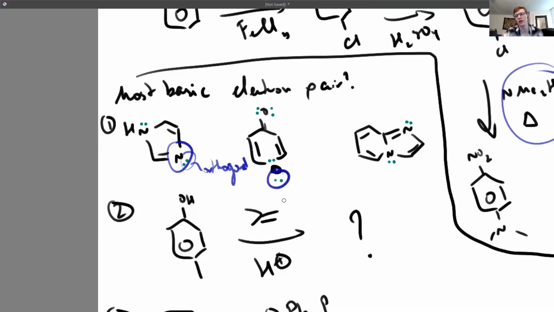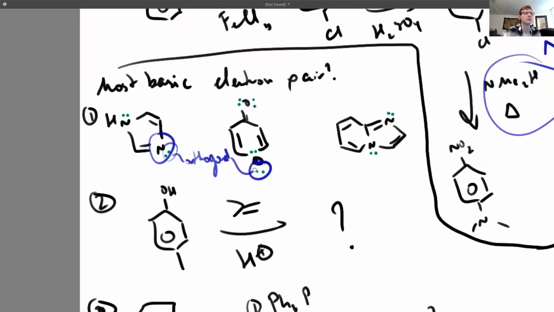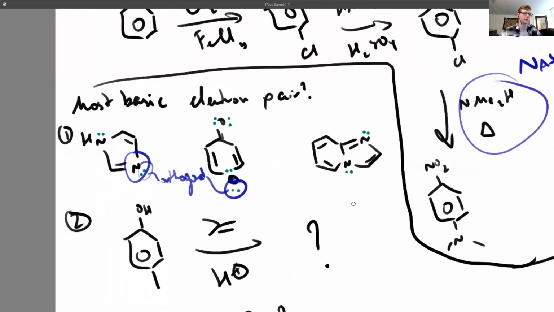Yes. Okay, and this one, I want to say the bridging nitrogen, but I don't really know why. Or maybe not, because that would be sort of tougher to get to sterically. So why did you say over on this first one that this bottom nitrogen was more basic?